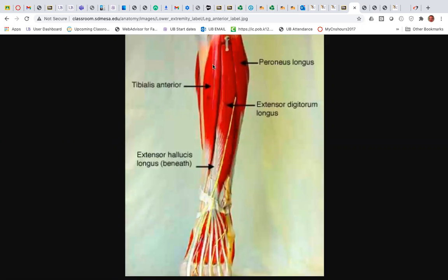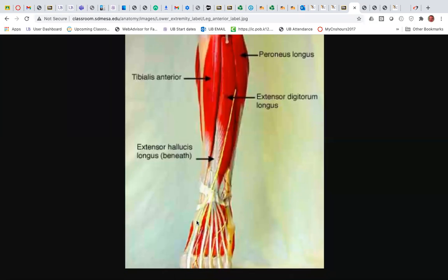It goes from the anterior tibia. If you follow it down, it goes to the inside of the foot to that first metatarsal and first cuneiform. It's a powerful dorsiflexor of the foot. So foot dorsiflexion or ankle dorsiflexion. But because it goes to the inside of the foot, it's a foot inverter.